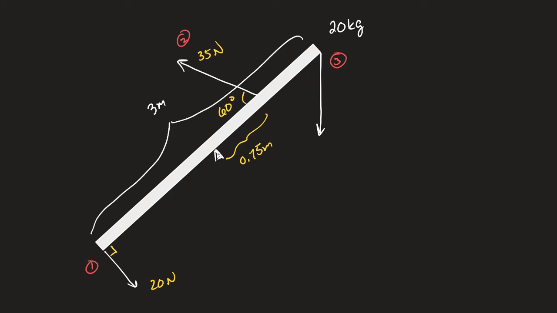And let's say this last one is 30. Trying to make the arrows about the same size, I think maybe we'll go 40 newtons at an angle of 45 degrees.